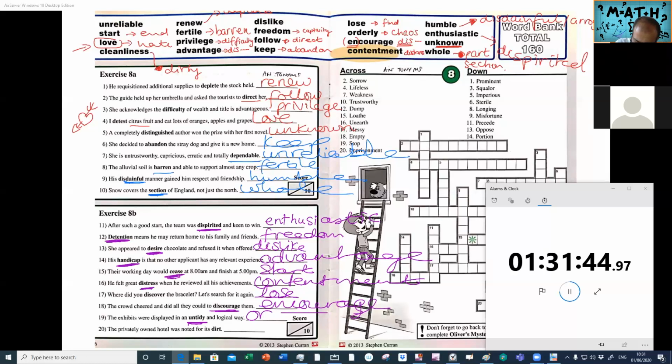Orderly. Okay, next. The privately owned hotel was noted for its dirt. So the opposite of dirt is clean, filth. Cleanliness. Beautiful answer.